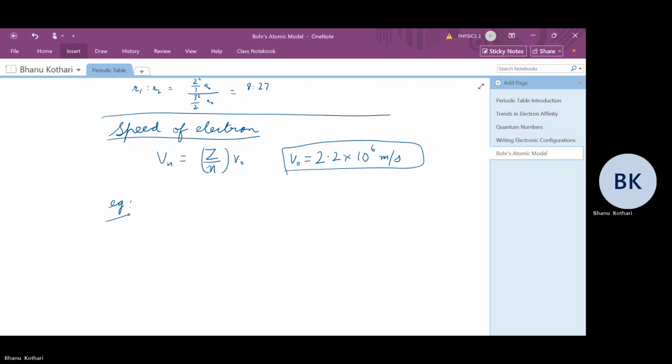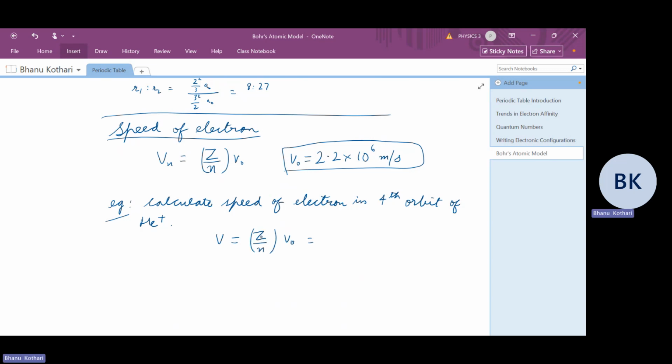Example. We ask you to calculate the speed of the electron in the fourth orbit of He+. Can I do it? Fourth orbit. So let me write it v4. This is Z by n times v naught.